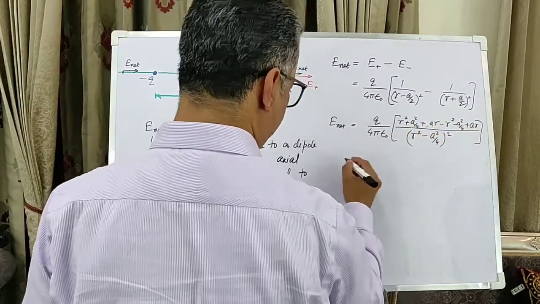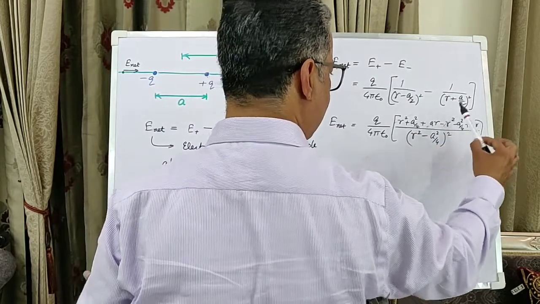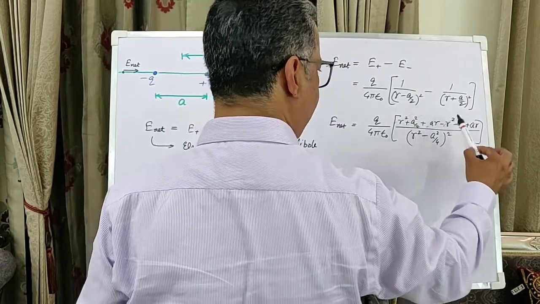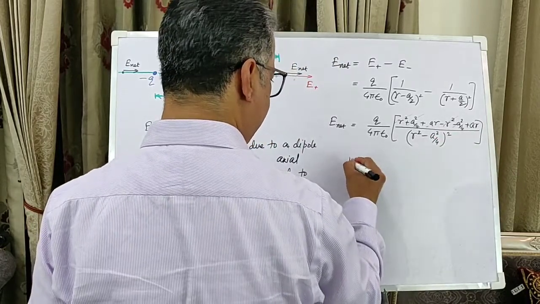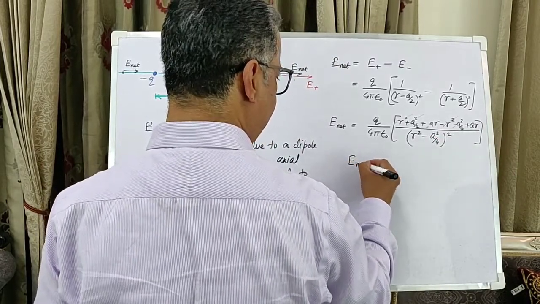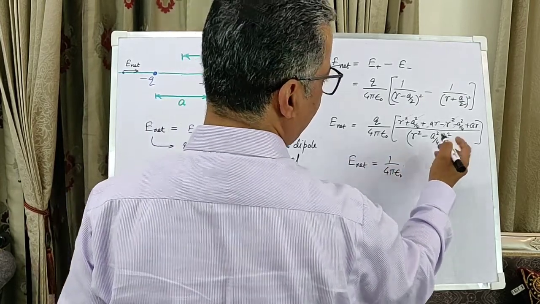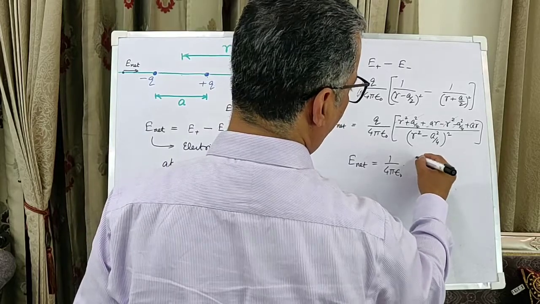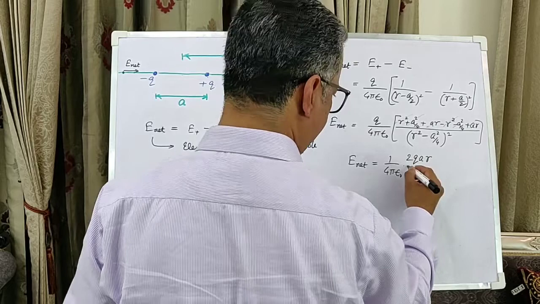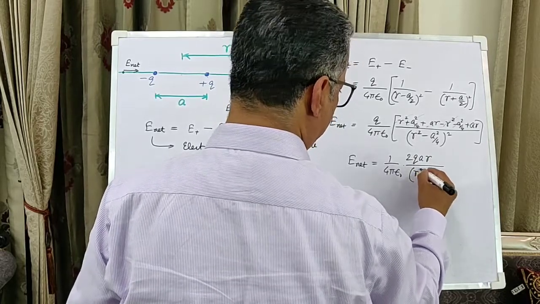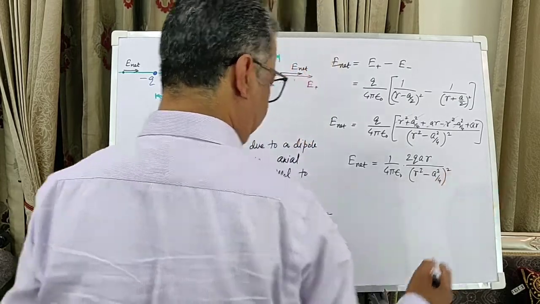So after some cancellations, this r square cancels, a square by 4 cancels, and you're left with 2ar in the numerator there. So net field is 1 by 4 pi epsilon naught q a r times 2 by r square minus a square by 4 whole square.